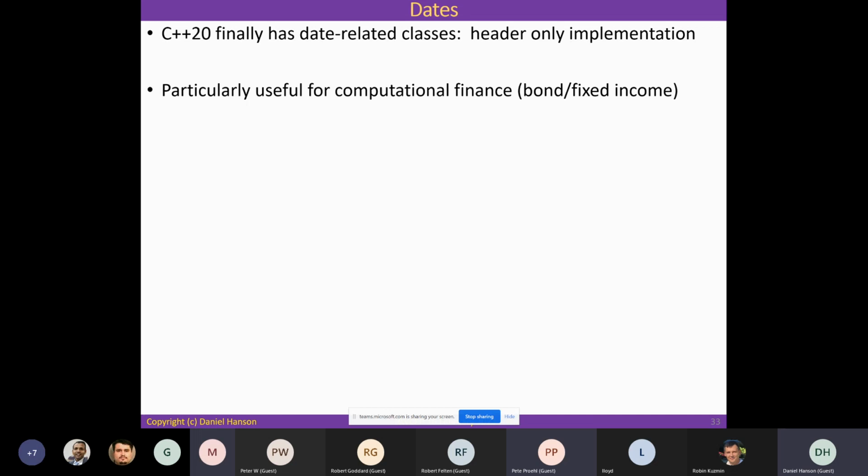This includes things like fixed income derivatives, which can become pretty mathematically intense. So we're not just talking simple bond calculations. These are really useful for these purposes.